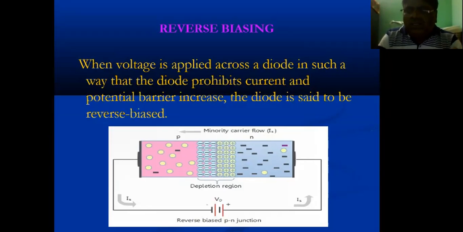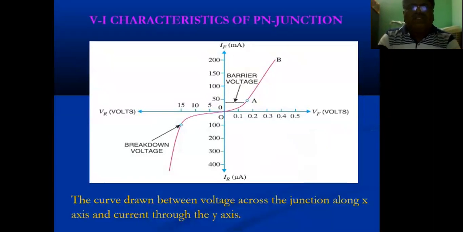Okay, next. This is the VI characteristics of the PN junction diode. The curve is drawn between voltage across the junction along the x-axis and current along the y-axis. On the x-axis we always take the voltage, and on the y-axis we always take current. V for voltage, I for current.